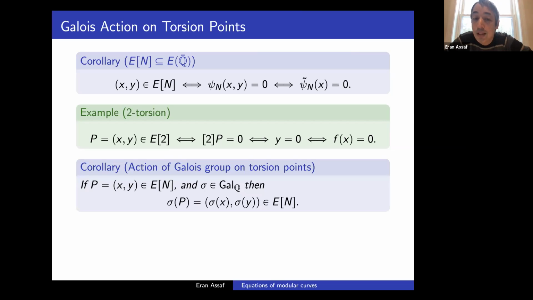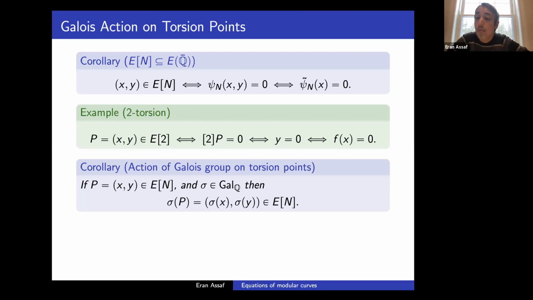And as a corollary, we see that we have an action of the Galois group, of the absolute Galois group, on our torsion points. Because since automorphisms preserve all the field operations, they also preserve the multiplication by n map on our elliptic curve. So if we start with a point which is of order n and act with an automorphism, we obtain another point of order n.